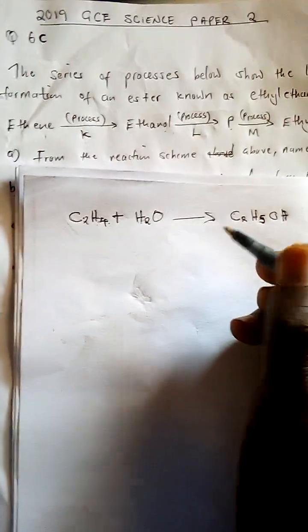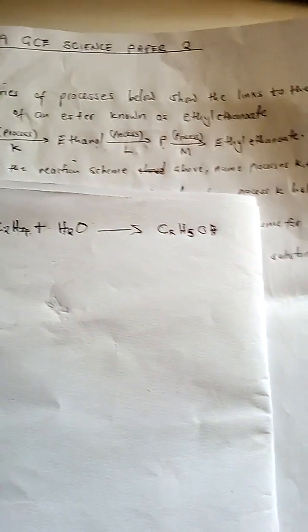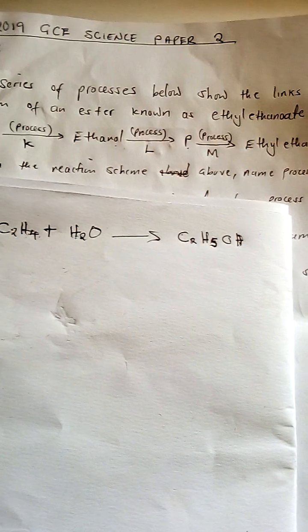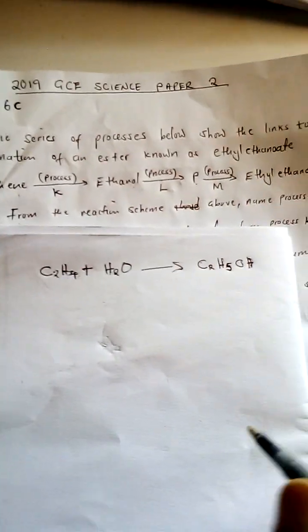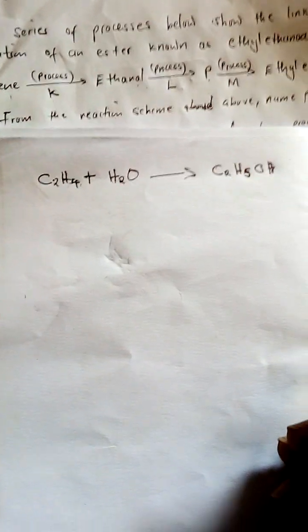What are the conditions which are involved? We should have a temperature of 180 degrees. Then the catalyst which is involved is phosphoric acid. So phosphoric acid helps us to have a hydration process.